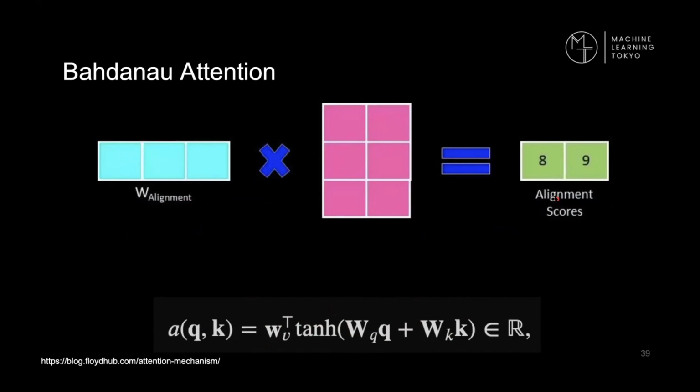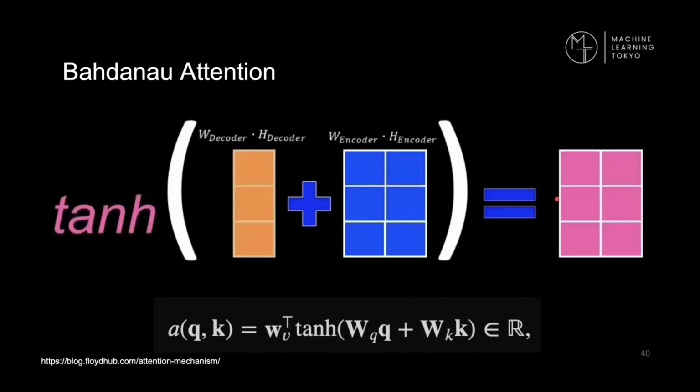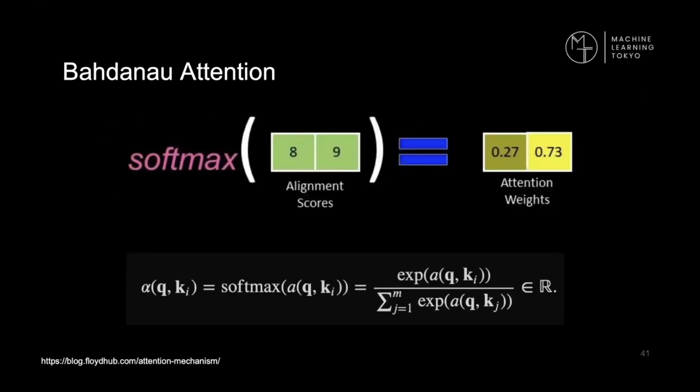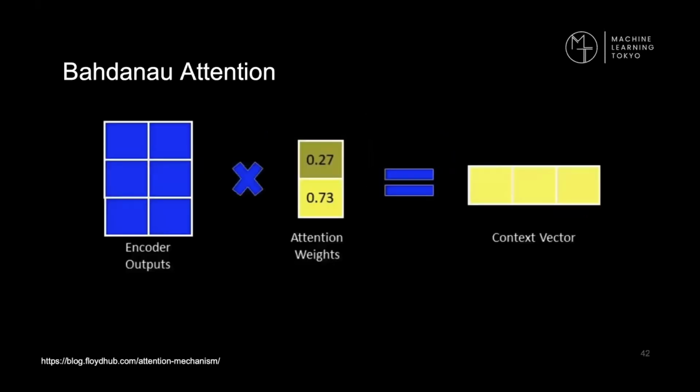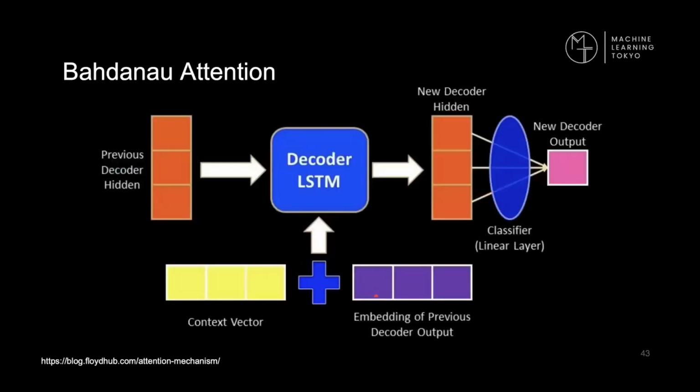This was just the tanh part. You apply the softmax and get the normalized probabilities, and you use those weights to weigh your input encoder RNN hidden states to get a context vector. You use that and the previous output from the decoder as the input to the decoder RNN with the hidden state, and whatever comes out, you put a multi-layer perceptron on top of it to get the output.